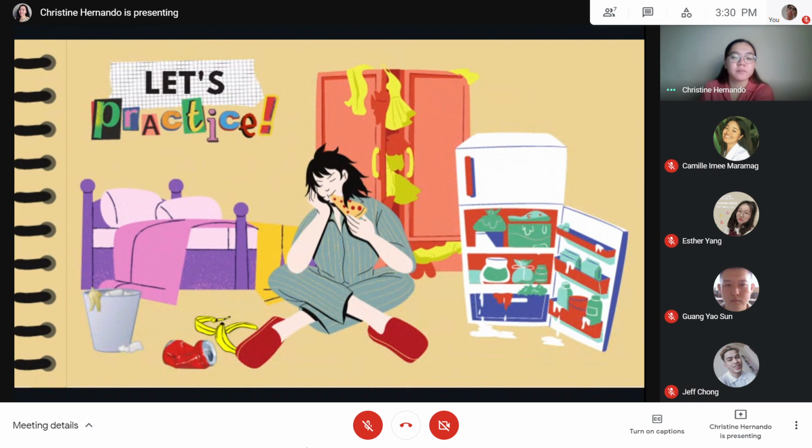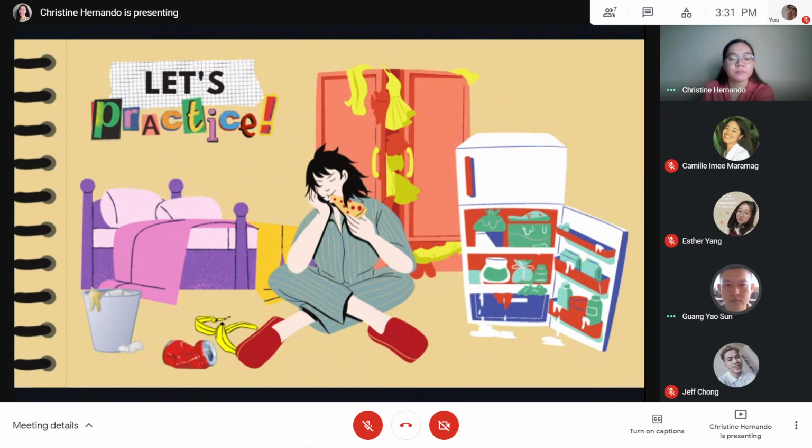How about this one? We can see a messy place, a messy room, messy cabinet. Yes, ma'am. What do you say about this one? I saw my room and my books. Yes. So what negative sentence could you formulate based on these pictures, on this context?